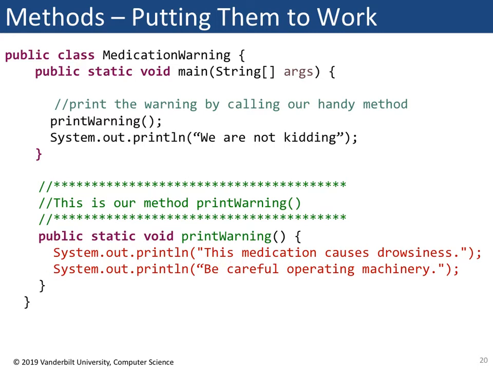And it will continue to the next statement, which is a print line statement, and it will print to the console "be careful operating machinery." There are no statements left in the method, so at this point the program will return to the line from which it entered the call and continue to the next statement. So then it would print "we are not kidding."